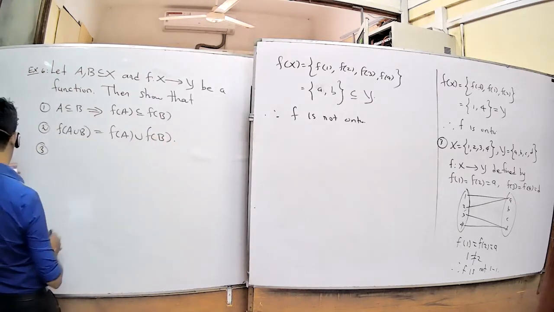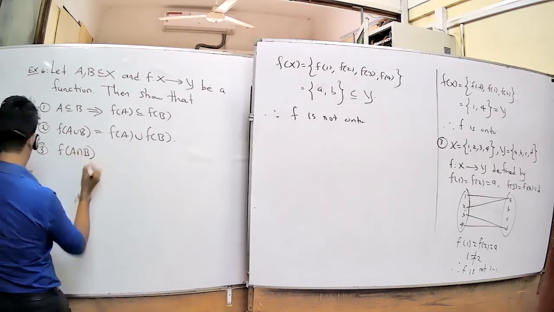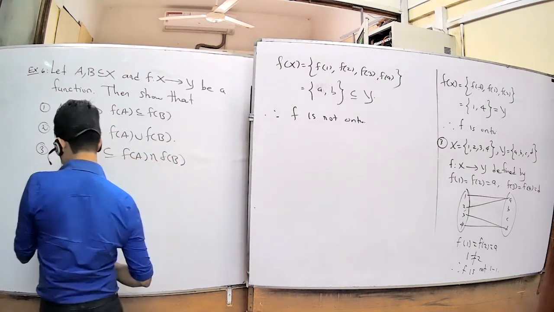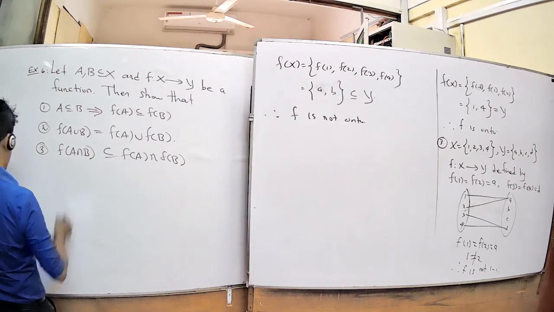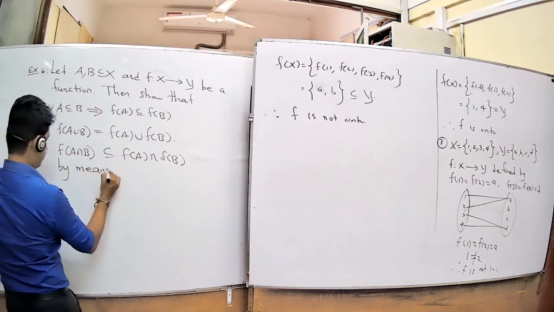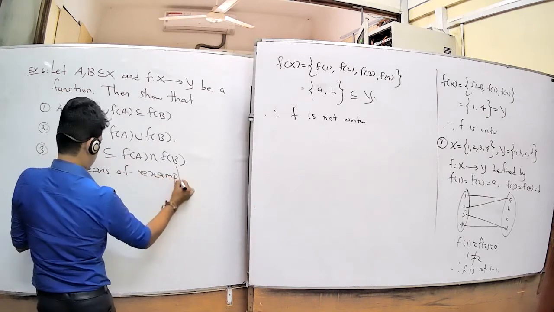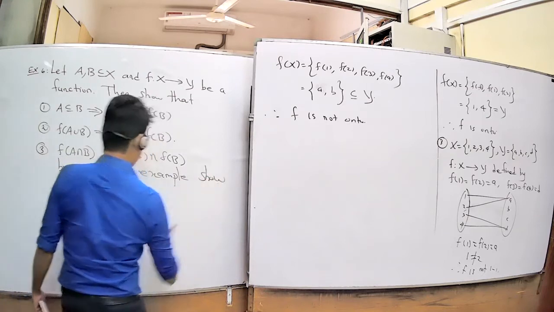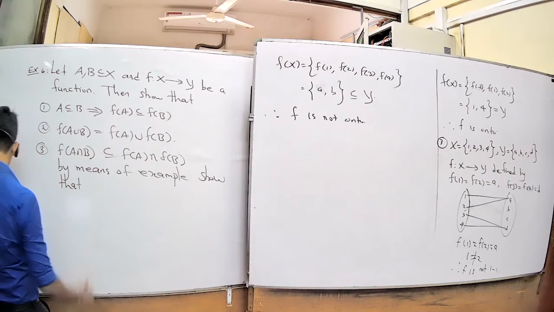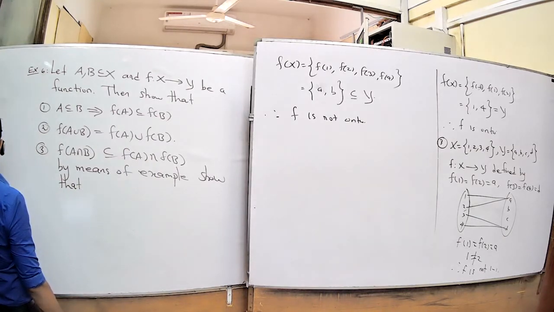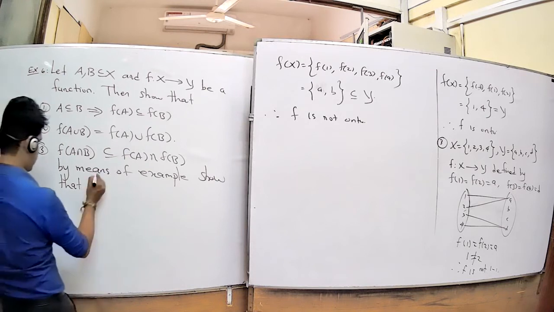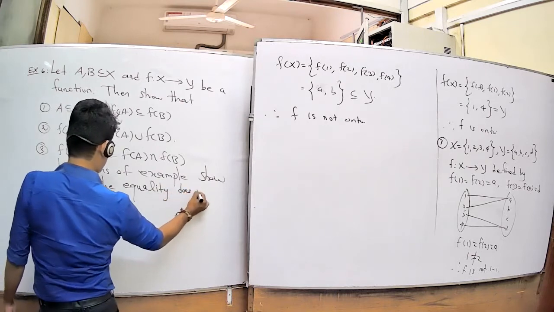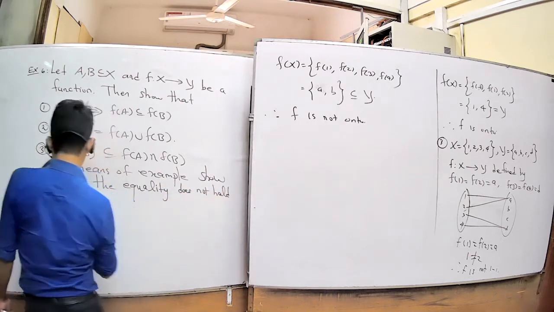Third condition, f of A intersection B is a subset of f of A intersection f of B, and by means of an example show that the equality does not hold in general.